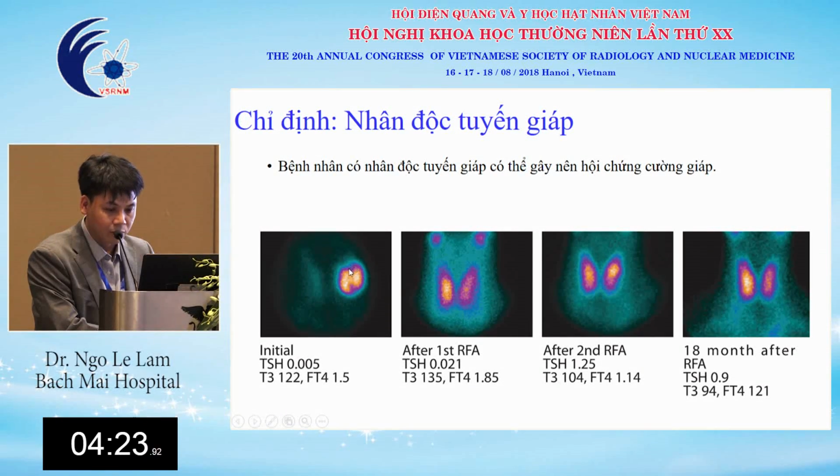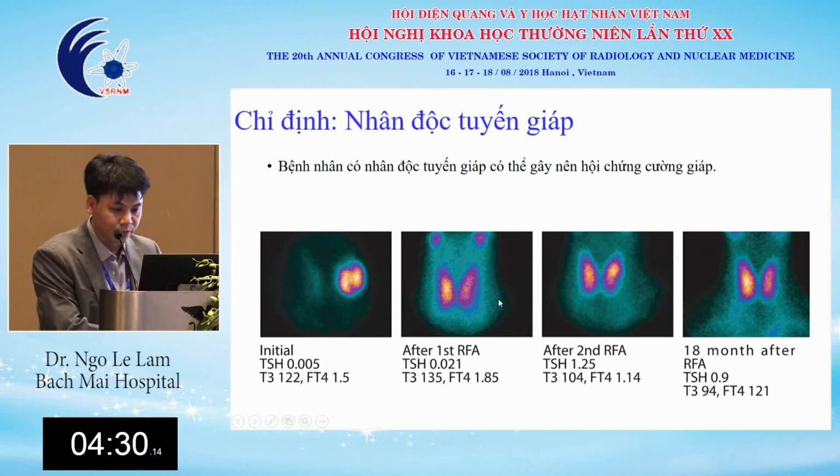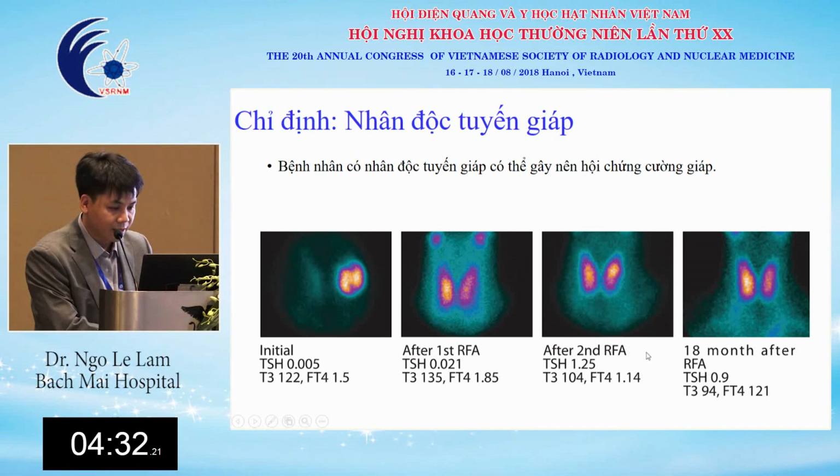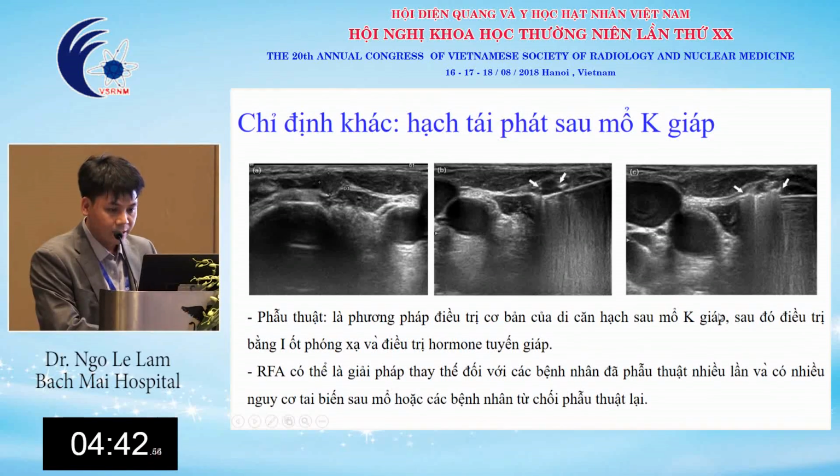On nuclear medicine, we can see this is the thyrotoxic nodule. If we do ablation of the nodules, after 18 months the nodules disappear. This is also an indication for IFA of the thyroid.